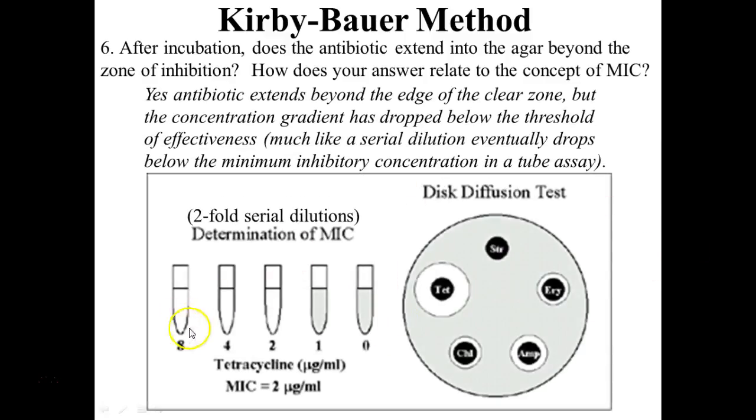Where some tests you would actually dilute out the antibiotic. Or in the case of the E-test, right, you would have that strip that has a dilution. What we're measuring when we're measuring our zones are actually the minimum inhibitory concentration.